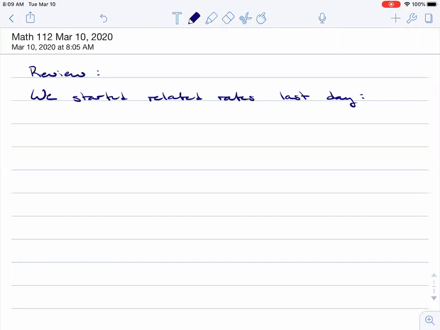You've got the formal summary, but the main idea of related rates is that you want to find a rate. And then we're also given another rate, one that's typically easier to measure.